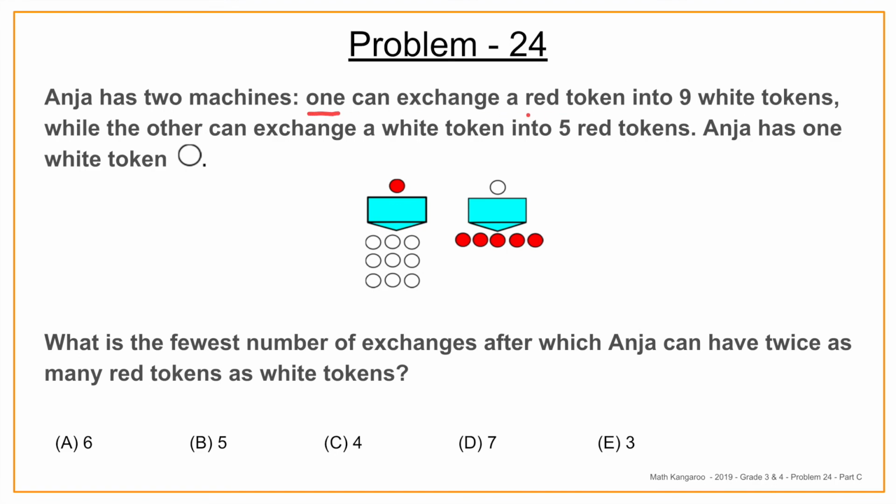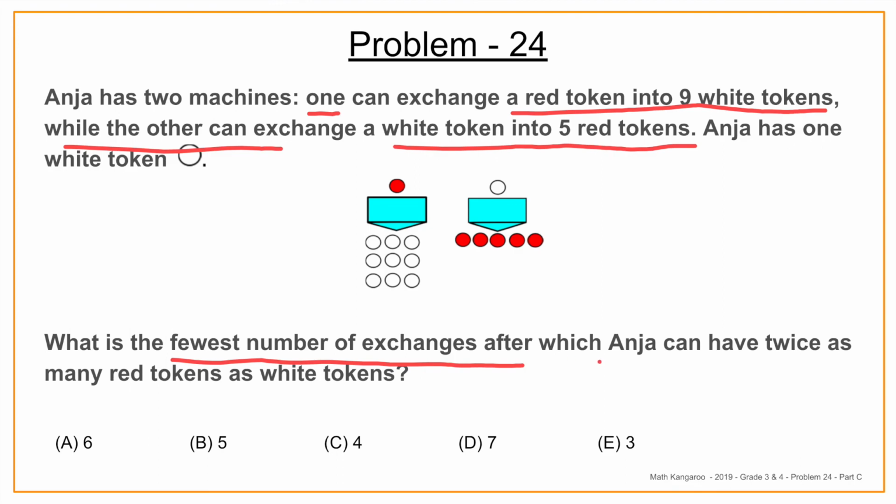One machine can exchange a red token into 9 white tokens, while the other can exchange a white token into 5 red tokens. Anja has 1 white token. What is the fewest number of exchanges after which Anja can have twice as many red tokens as white tokens? These are our options. Let's solve this problem step by step. Anja starts with 1 white token.